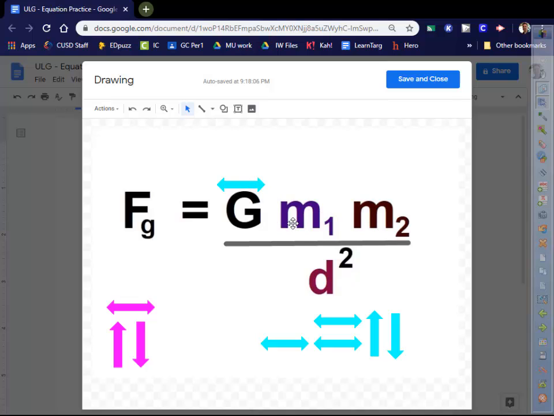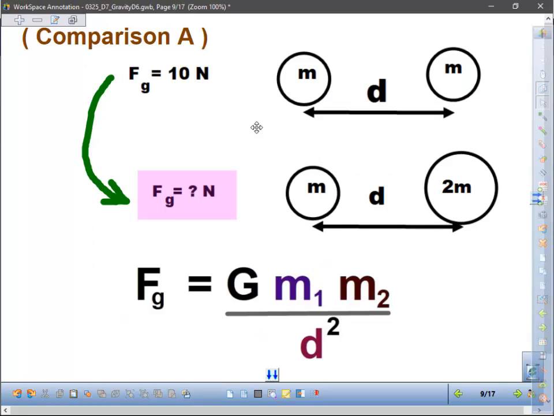Now, for the other three on this side, we have to look at our pictures and compare them. So looking at our pictures, when we go from here to there, let's do mass 2 first. Over at mass 2, I'm looking at this going from here to there. You notice there's a difference here. In the beginning it was just M, but now it's 2M. So looking at this in our example, what's happening to mass 2?